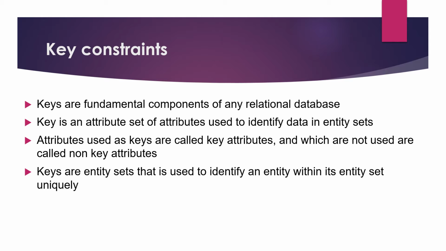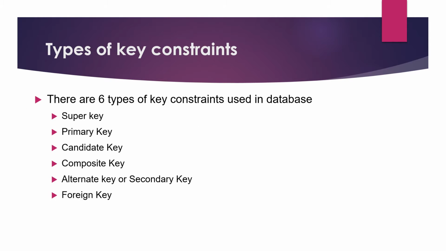The key is also helpful for finding a unique record or a row from the table. There are 6 types of key constraints used in a database: super key, primary key, candidate key, composite key, alternate key or secondary key, and foreign key. We will see one by one.